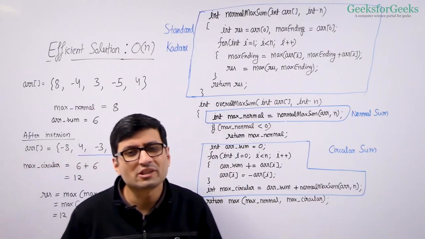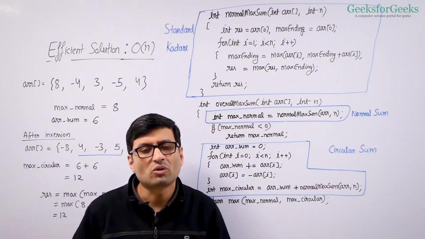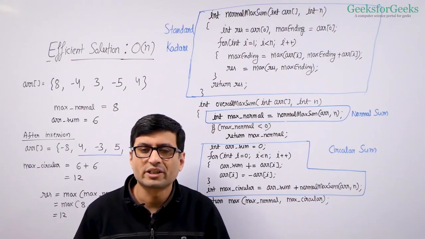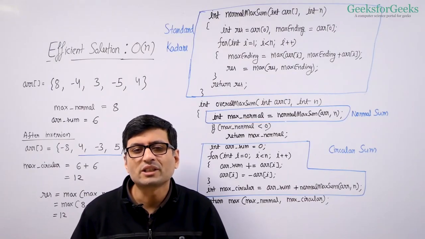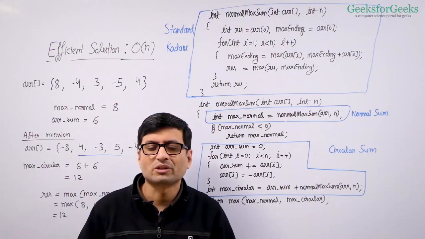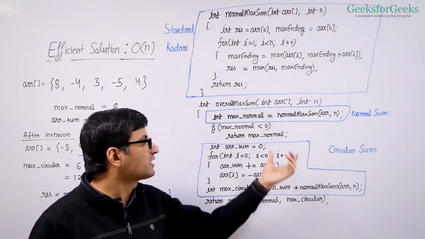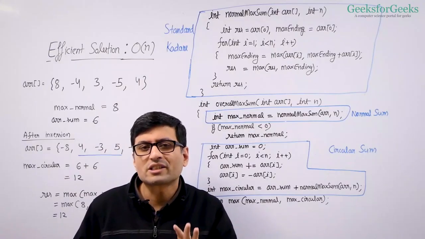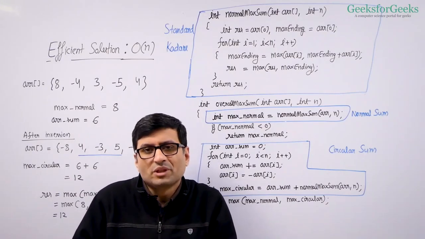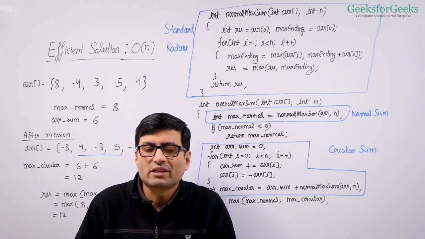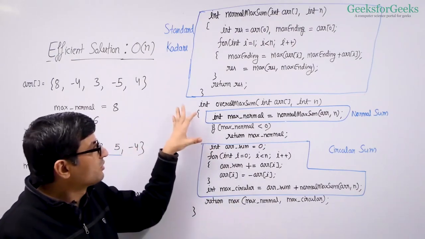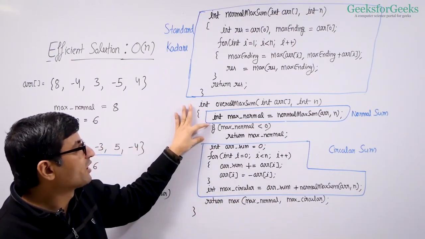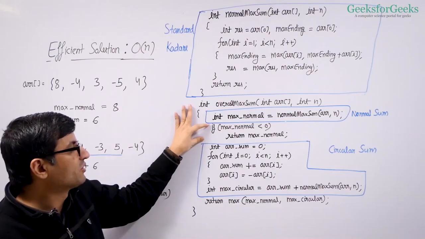After that, we have this check. If max normal is less than 0, it means all the elements in the array are negative. In that case, we can simply return max normal, because if everything is negative, then this function is going to give you the largest value, right? Which is the minimum absolute value of a negative number. So we do not proceed further if max normal is less than 0.